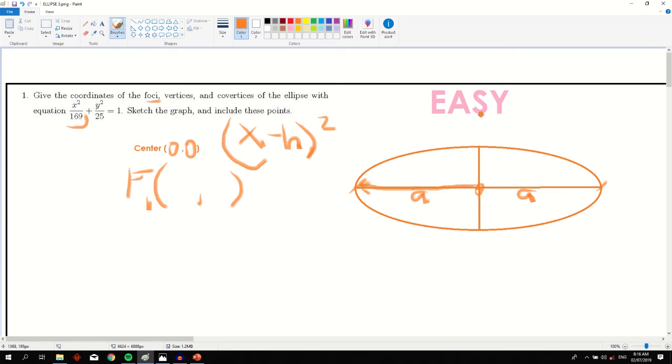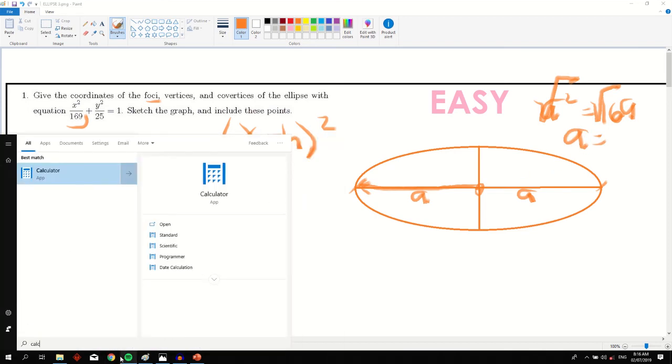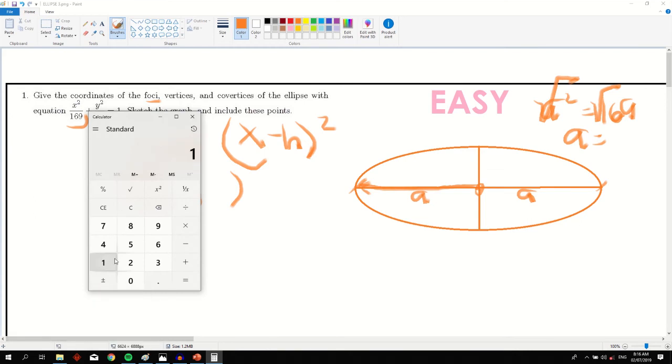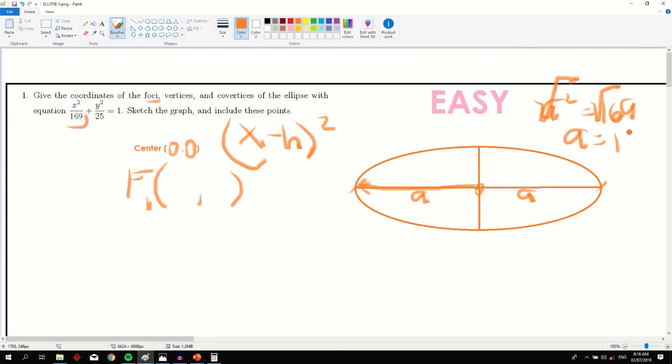So we already have a squared, which is what? 169. We just take the square root of that. Then a is equal to what? We do the calculator technique. The square root of 169 is 13. So a is 13.